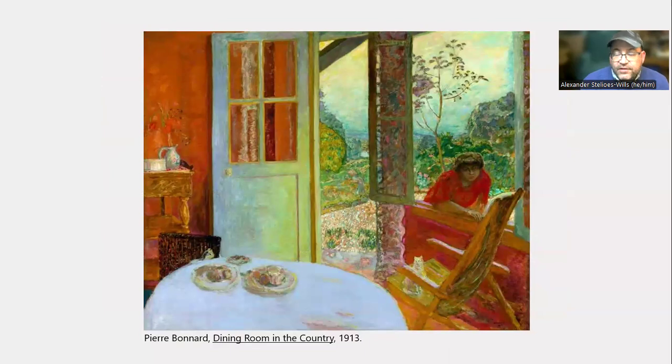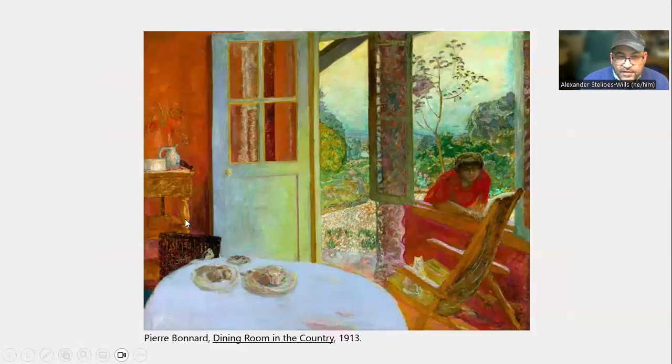So here's another example of shape and meta shape thinking. And a lot of it is thinking about value. One of the things Bonnard loved to do is play with where one color bleeds into another color.